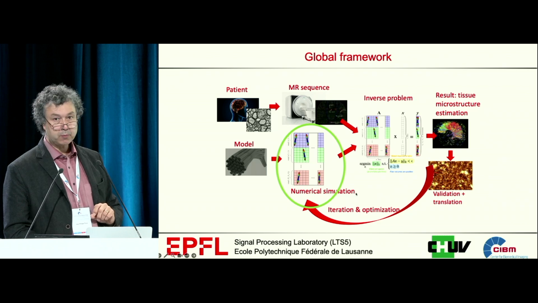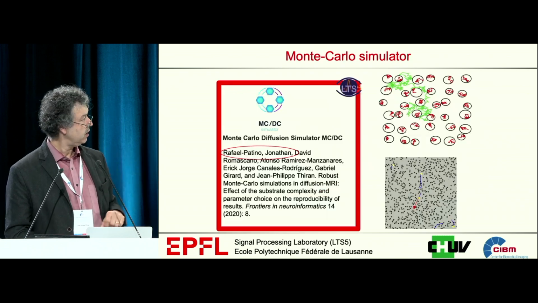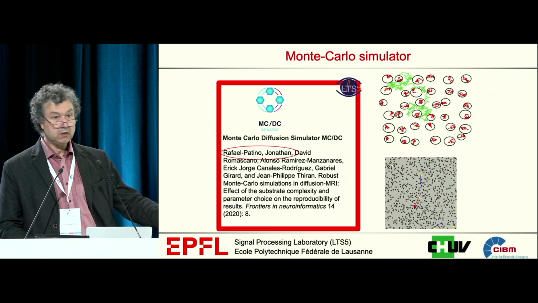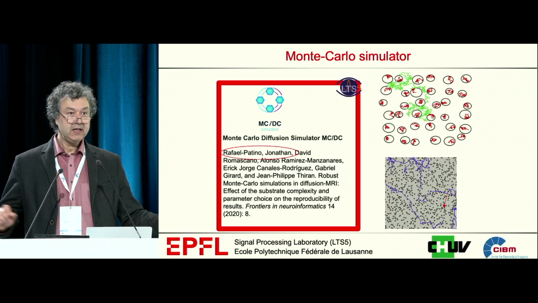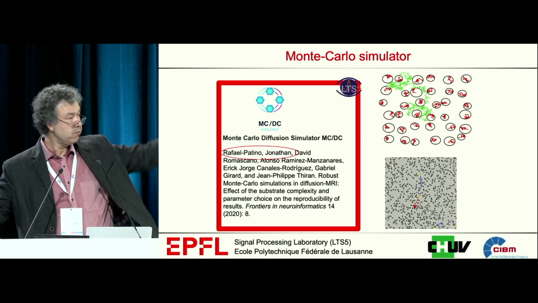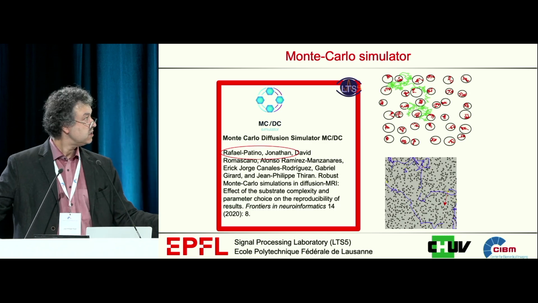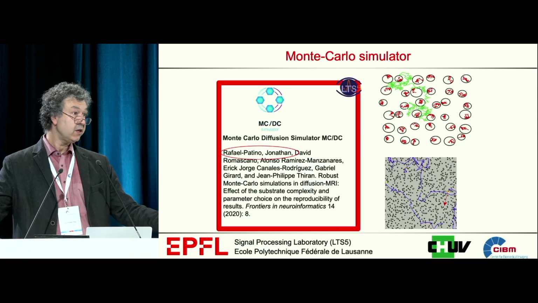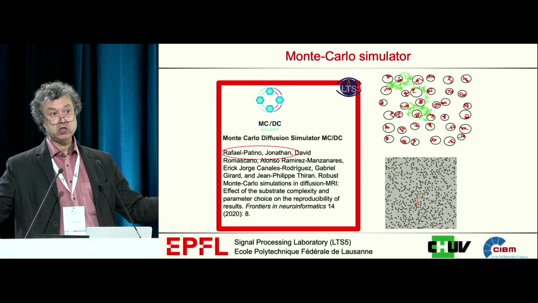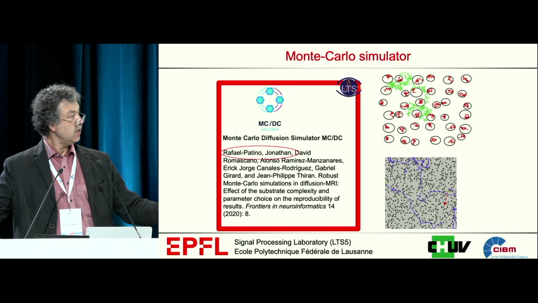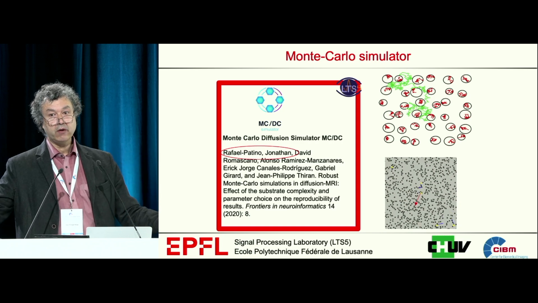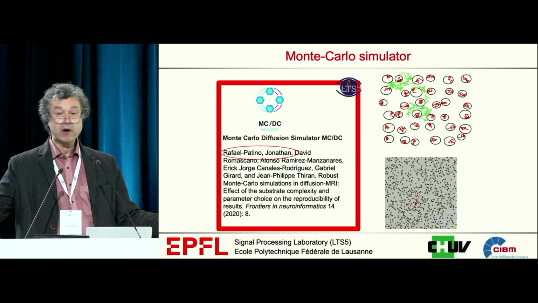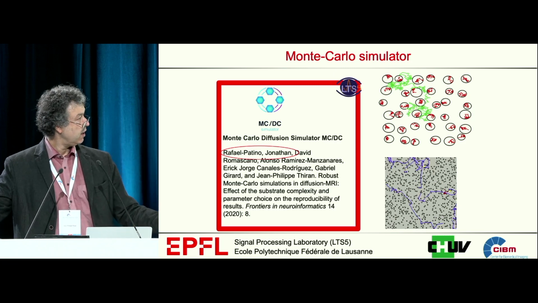But as soon as I come to more complicated tissues, I will not be able to solve that analytically. And so the first piece of this picture is to build a simulator. And we have built, that is the work of Jonathan Patigno. Johnny is here somewhere. He did his PhD mostly on many things, but mostly on building this simulator that is really a very high-end simulator that is used by many groups in the world today, because it can generate extremely precise simulations of the diffusion of water molecules in a given tissue and the corresponding MR signal if you consider a given MR sequence.